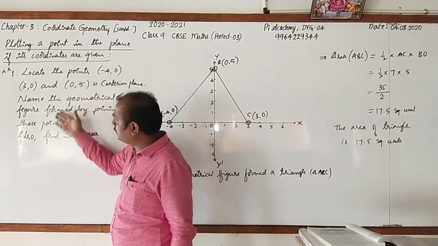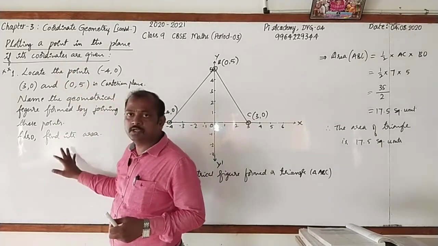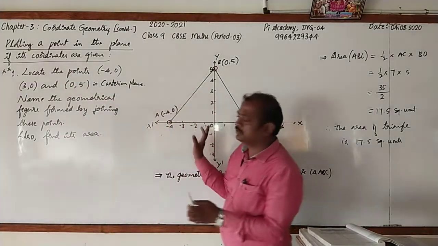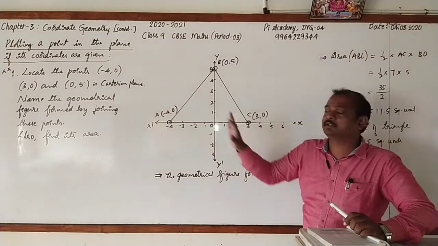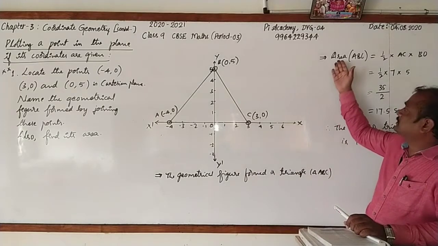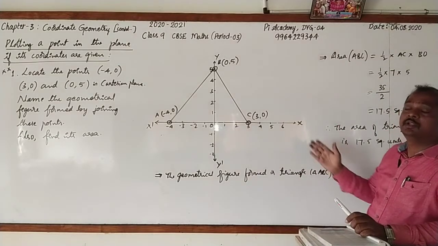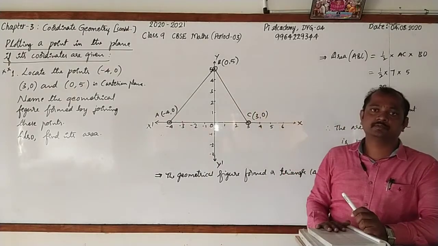If you are using a separate graph book, write the question in the graph book only, then draw this, locate all these points in the graph sheet. Next, again you can write the conclusion as well as this calculation in the other part of the graph. Okay? Yes, copy this.